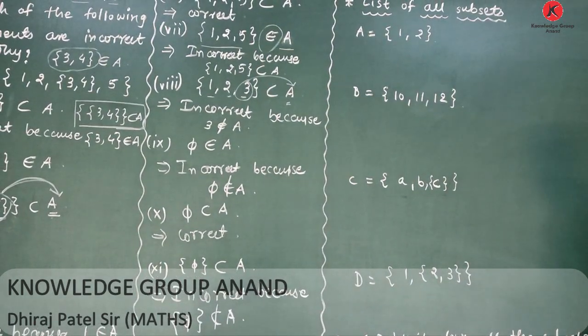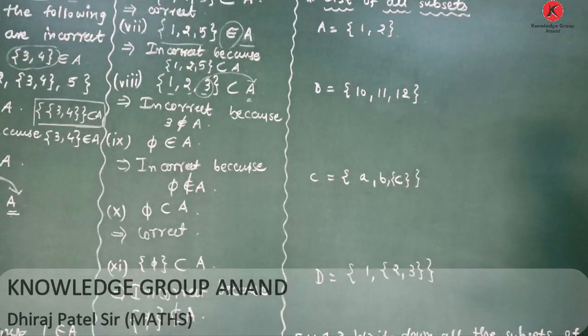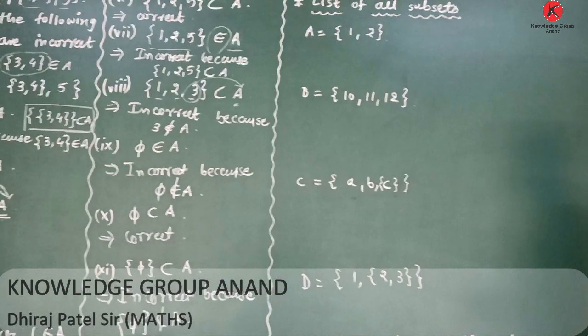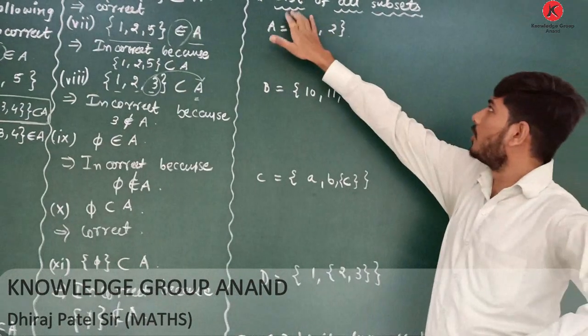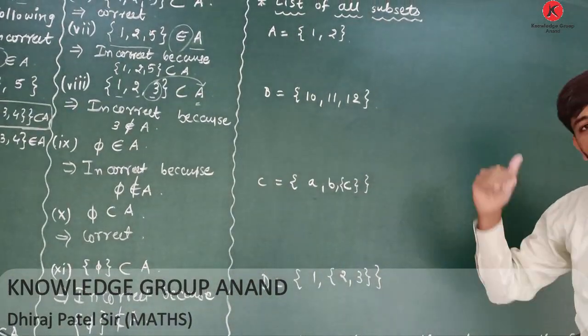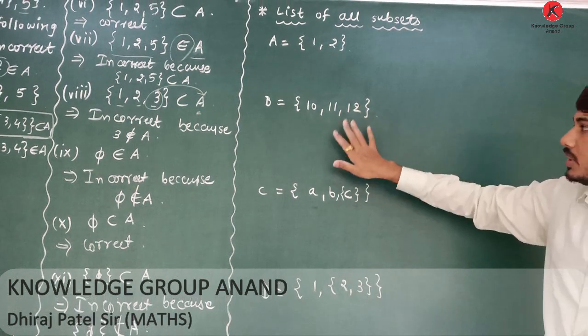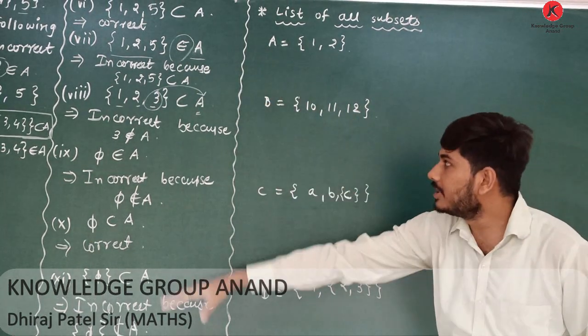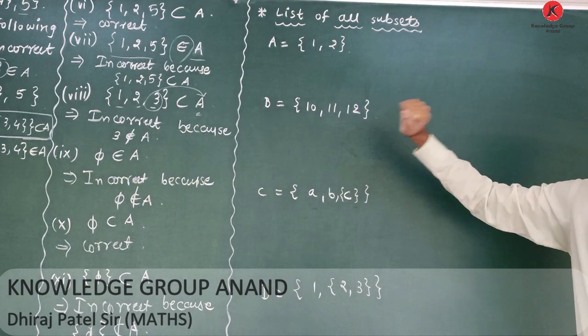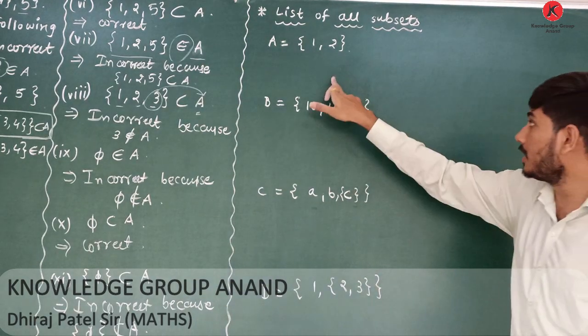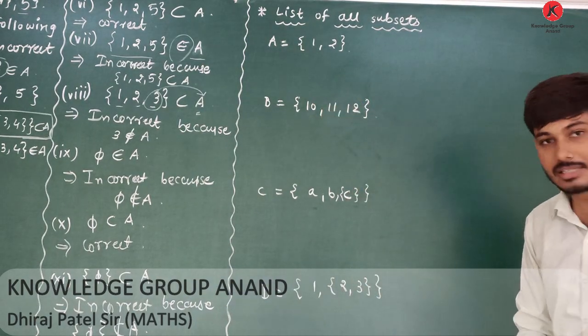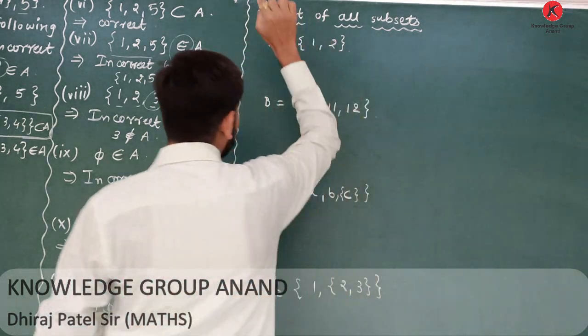If we can represent the list of all subsets of any set, then we can understand these relations also easily. So see here, how can we list out all the subsets of any given set?